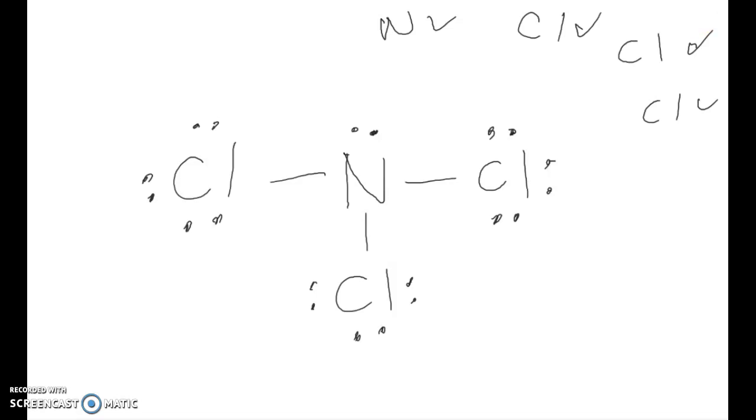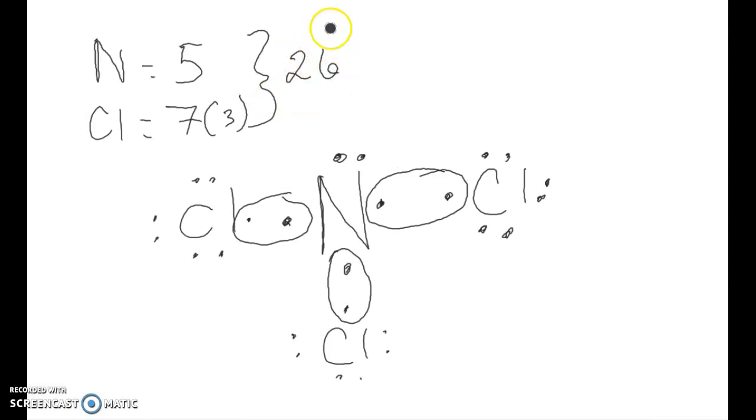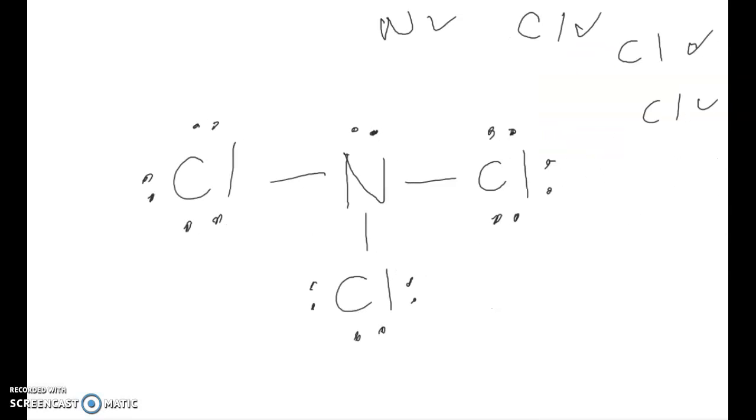I also mentioned that I needed a total of 26 electrons in my dot diagram. So I can easily count these up, right? 1, 2, 3, 4, 5, 6, 7, 8, 9, 10, 11, 12, 13, 14, 15, 16, 17, 18, 19, 20, 21, 22, 23, 24, 25, and 26.